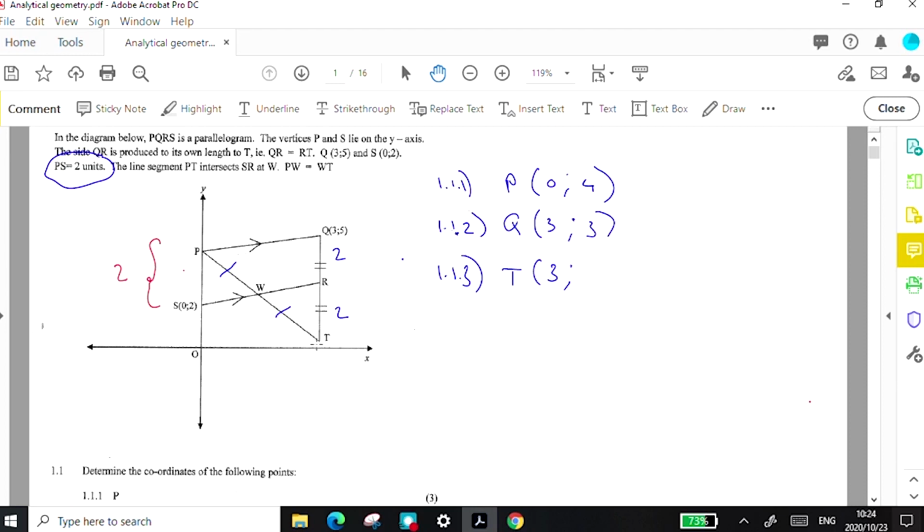So to find the y value of T, we take these two values, 2 plus 2, and subtract from 5. So the y value of T will be equal to 5 minus 2 minus 2, which is equal to 1.